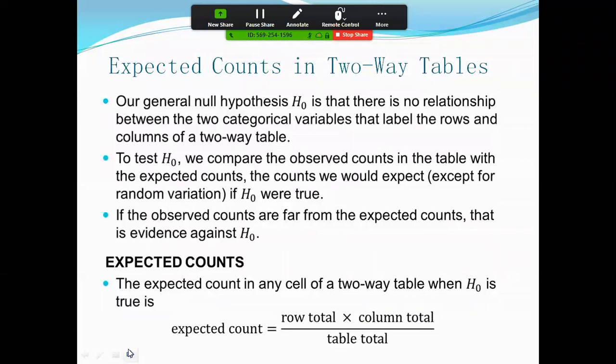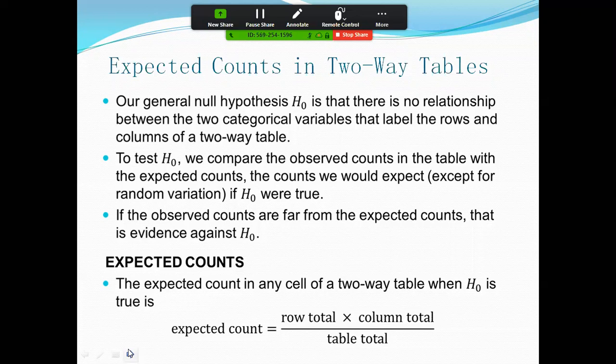Expected count in 2-way tables. Our general null hypothesis, H0, is that there is no relationship between the 2 categorical variables that label the rows and columns of a 2-way table. To test H0, we compare the observed counts in the table with the expected counts, the counts we would expect except for random variation if H0 were true.